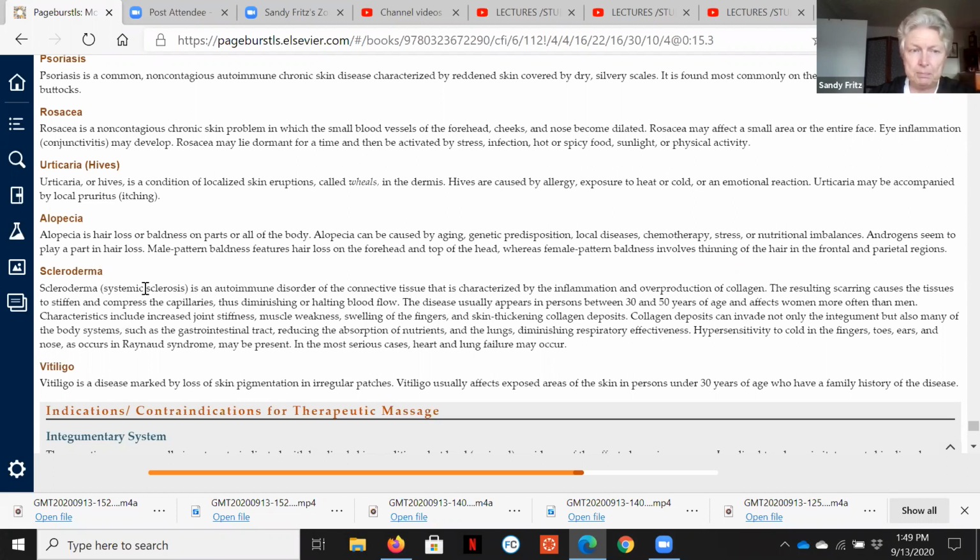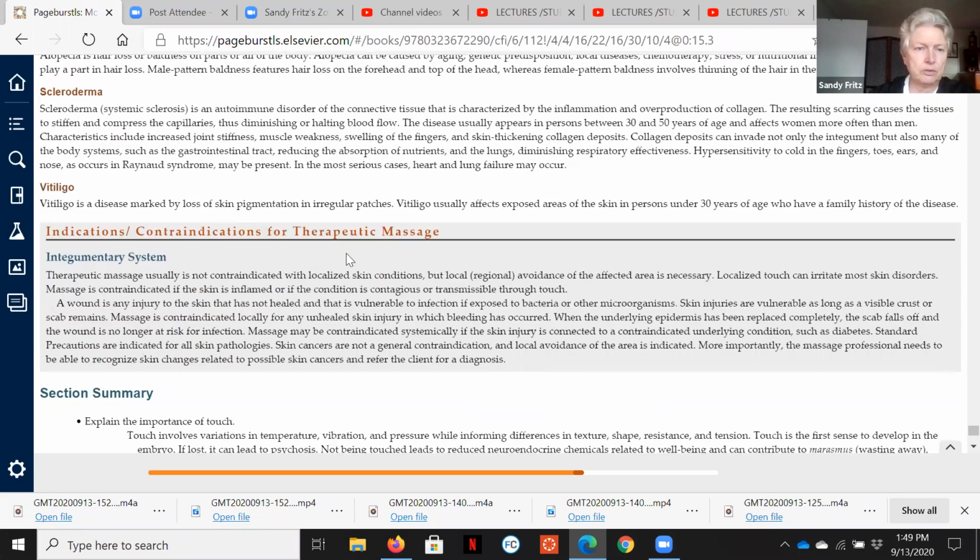I have worked with people with scleroderma, and again, just like with the clients with the burns, they said that their skin felt looser for a while. And again, that's valuable. And then vitiligo, which we already talked about.